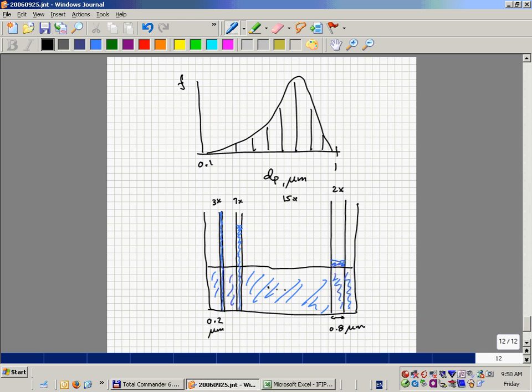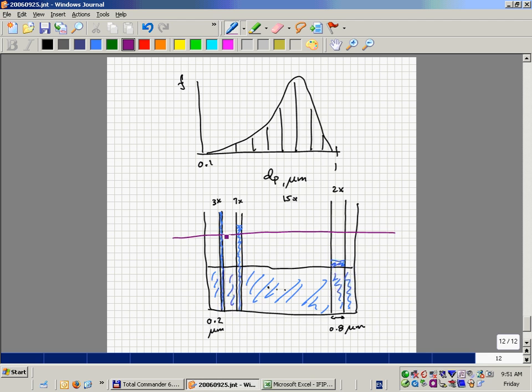Okay? If we pick a height like that, then at that height we know the water saturation, because we know the pore volume of all of the capillaries all the way across. 2 of these, 15 of these, 7 of these.